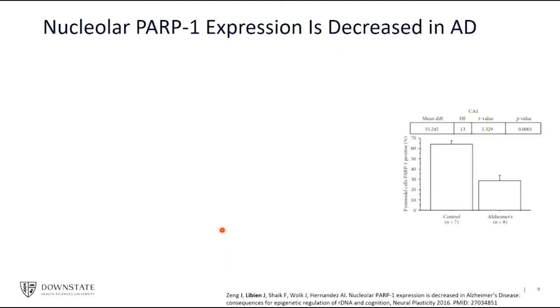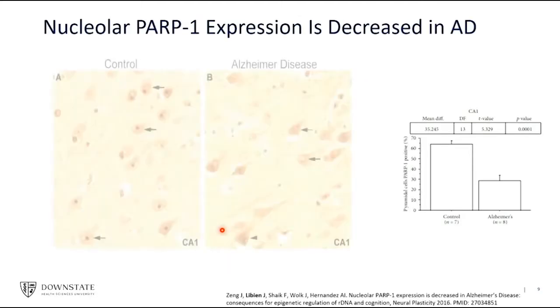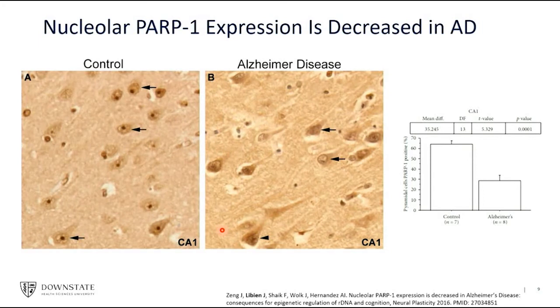And so what we did was we looked at PARP1 expression in the hippocampus of individuals who had no neurologic disease at time of death, and in individuals who died with a diagnosis of Alzheimer's disease and had significant Alzheimer neuropathology.